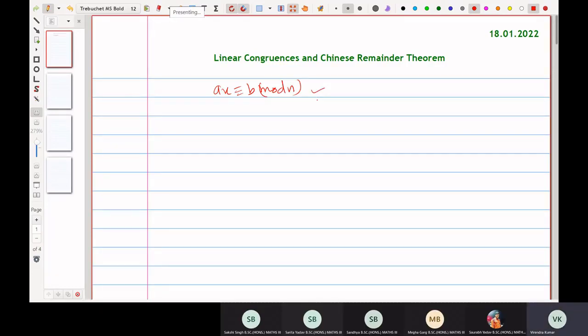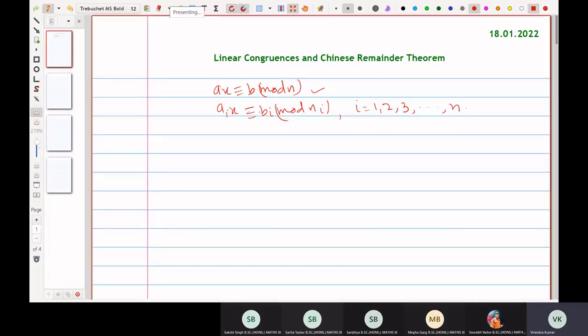But it is natural then to ask what would be the solution if there are many equations like Ai x congruent to Bi modulo Ni, for some fixed number of i, suppose for example there are n equations.